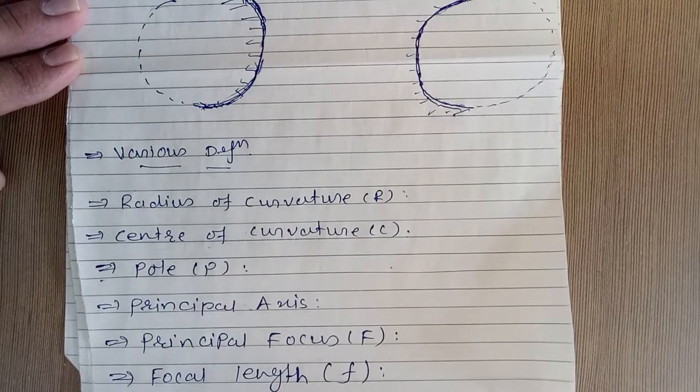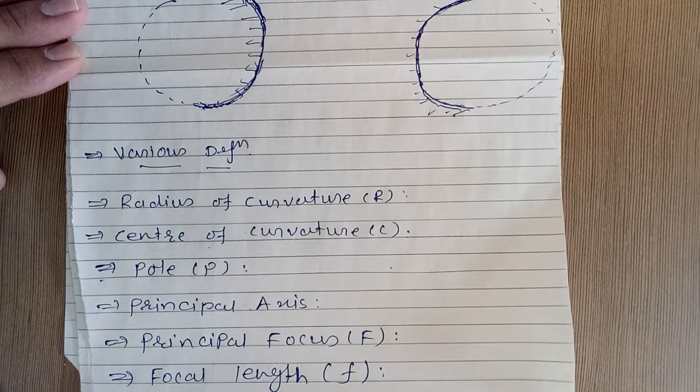First of all, what is radius of curvature? We already know that the radius of the spherical shell from which the mirror is made is known as the radius of curvature. I repeat it. The radius of this spherical shell from which the mirror is made is known as the radius of curvature.